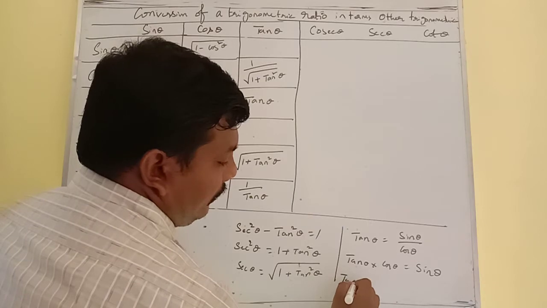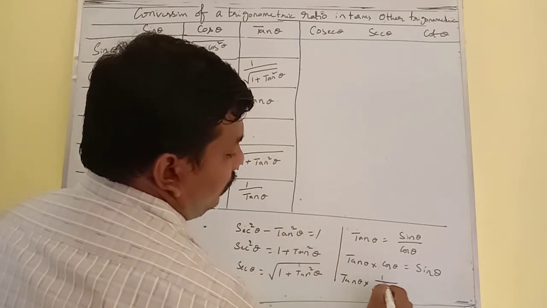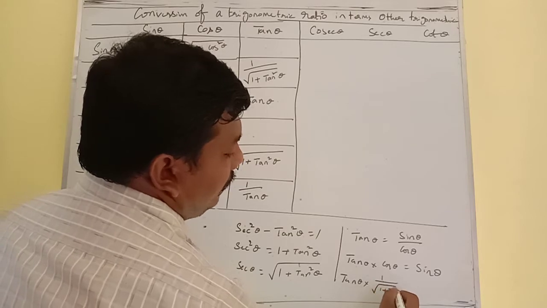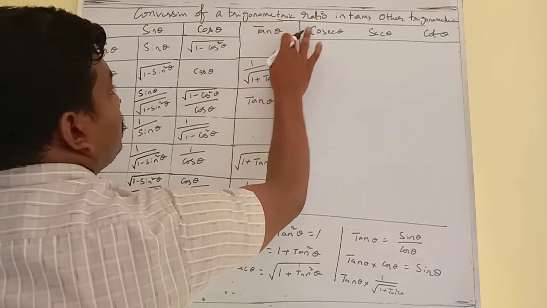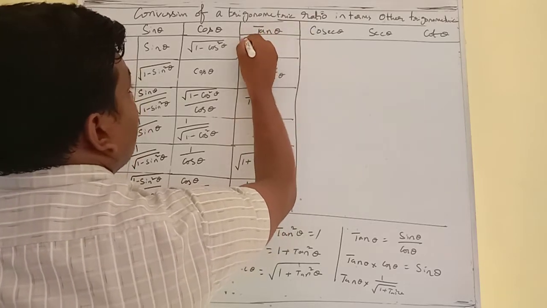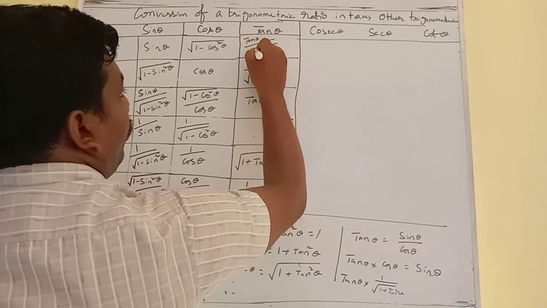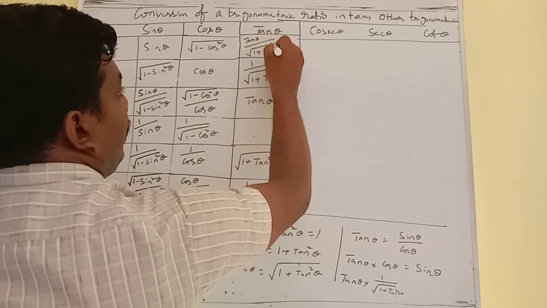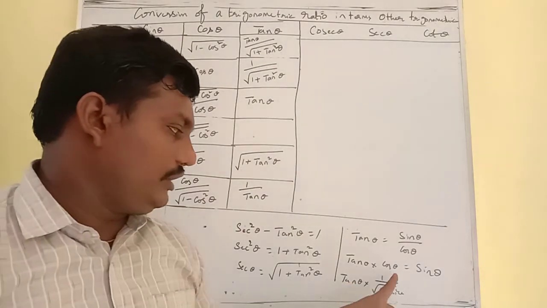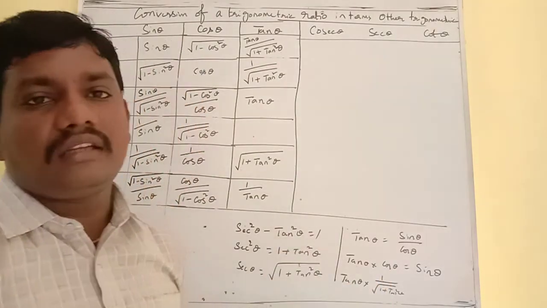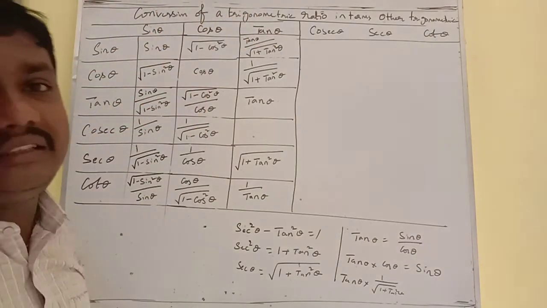So in the place of cos theta, we write 1 by root of 1 plus tan square theta. So sin theta can be written as tan theta by root of 1 plus tan square theta.